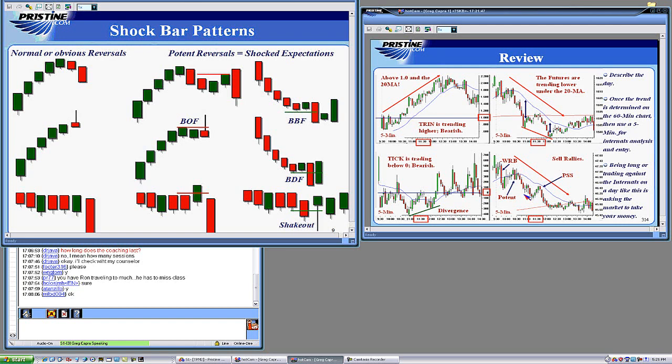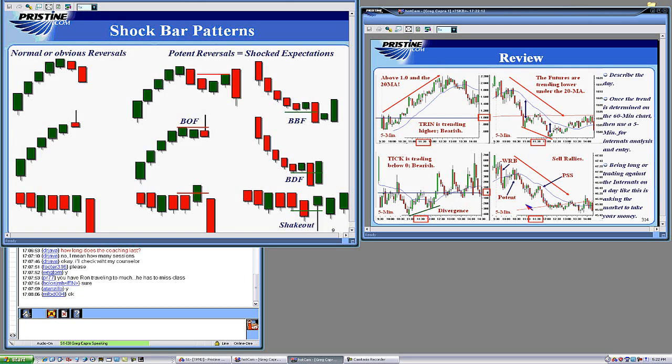What's interesting about this setup and what was happening at the time, and this is why we need to review these concepts day to day, was how high the trend was and the lack of ticks going to extremes, which is unusual.